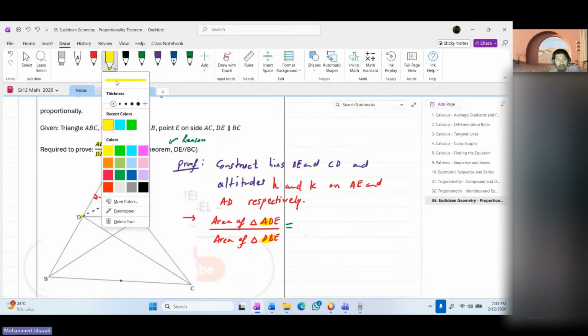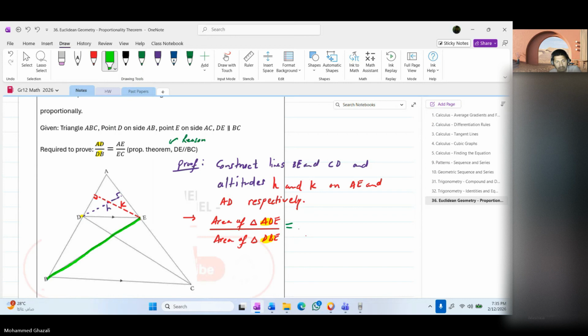So you are only focusing on this side, this green part. Where's your altitude? Your altitude is K. So you say half, what's the base?